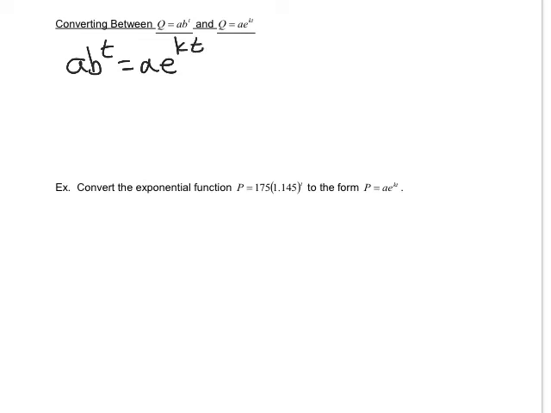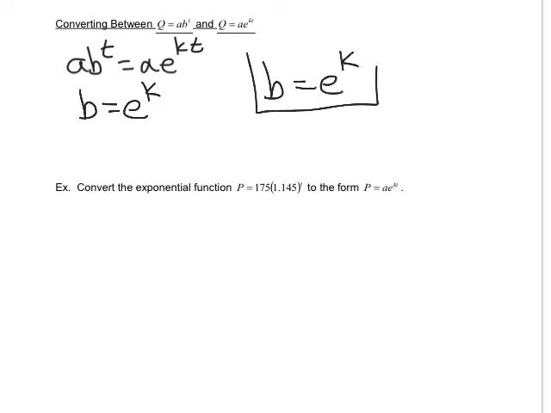Well, my A's are the same, and my t is the same. So what I'm saying is that b is equal to e to the k. We talked about this in the last unit. So my annual growth factor is equal to taking the continuous rate as an exponent with the base of e. So I can convert from one to the other.